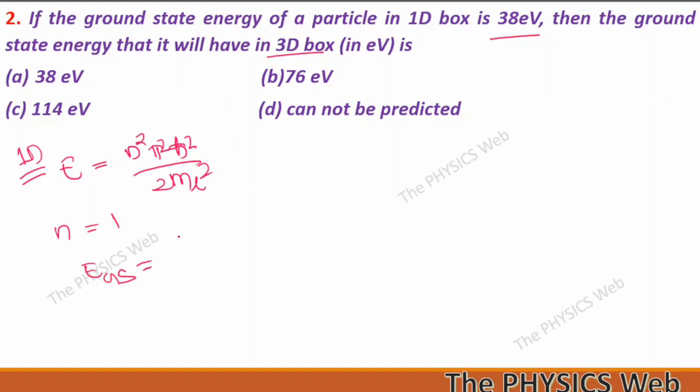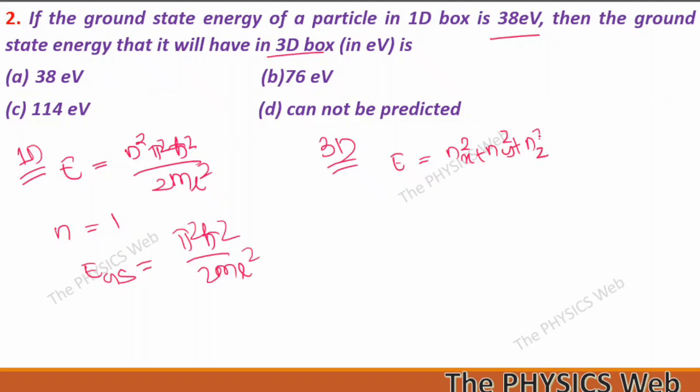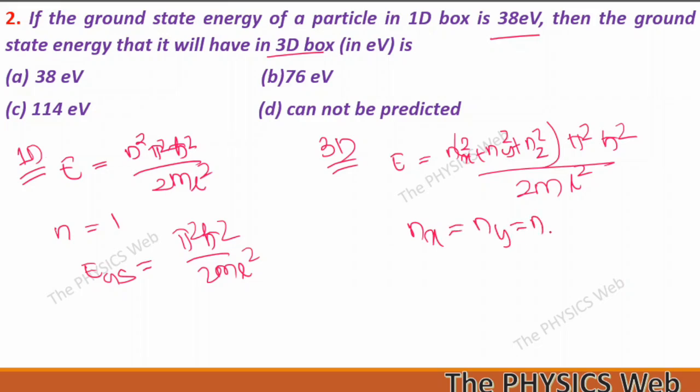So in 1D this is pi square h cut square by 2 m l square, and in 3D the general expression is E equals to nx square plus ny square plus nz square times pi square h cut square by 2 m l square. Okay, so for ground state nx, ny, nz equal to 1, so the energy will be 3 pi square h cut square divided by 2 m l square.